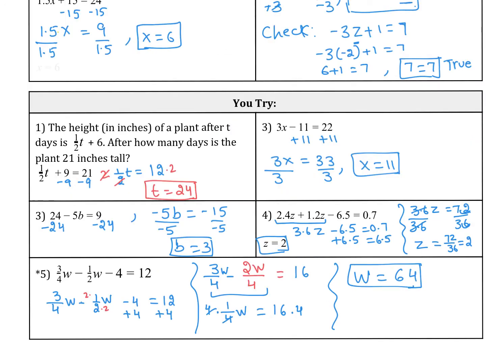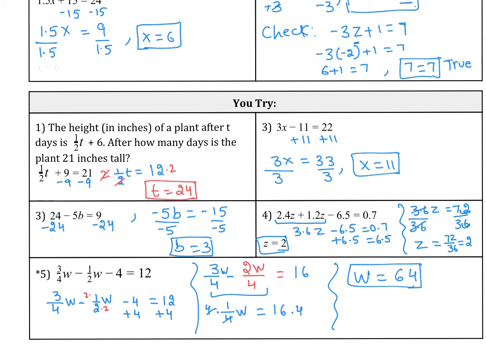The first question: the height in inches of a plant after t days is 1 over 2t plus 9. After how many days is the plant 21 inches tall? So the equation is 1 over 2t plus 9 equals 21.